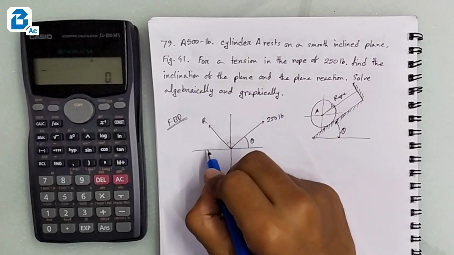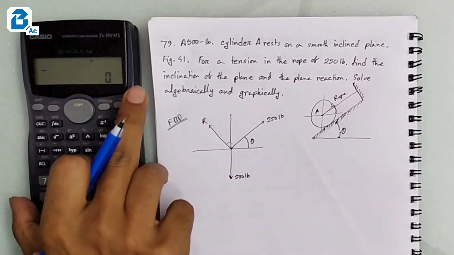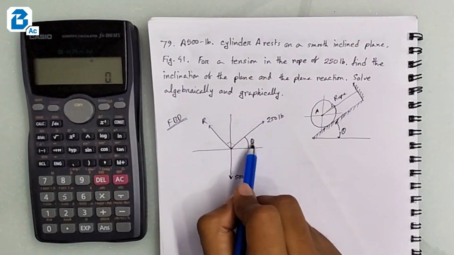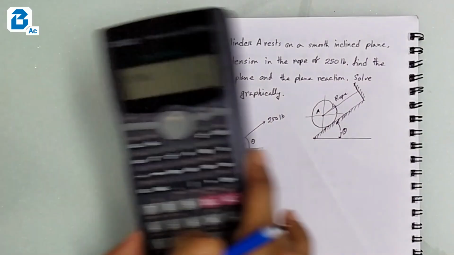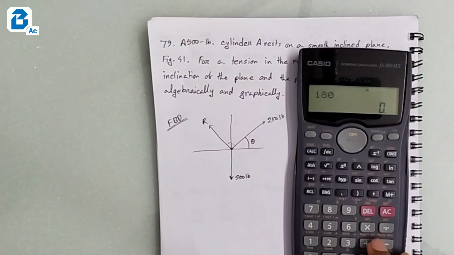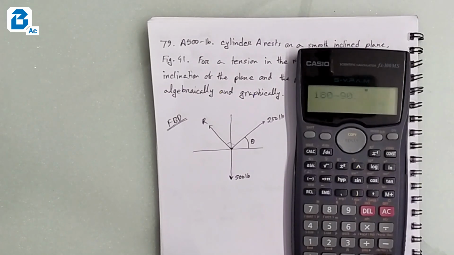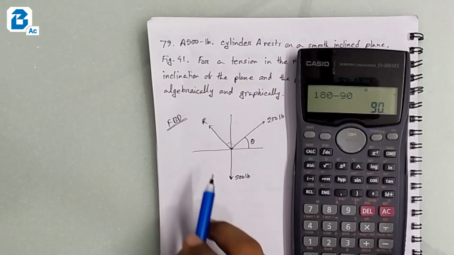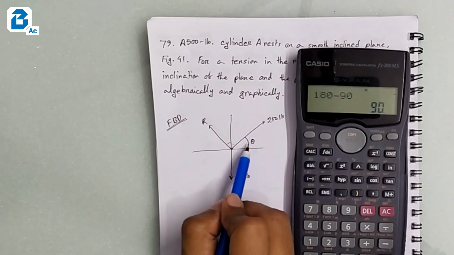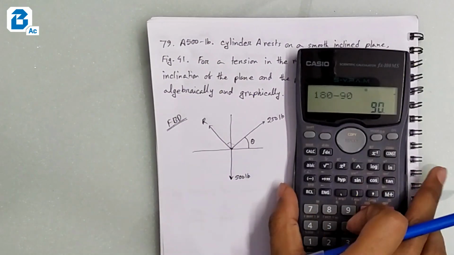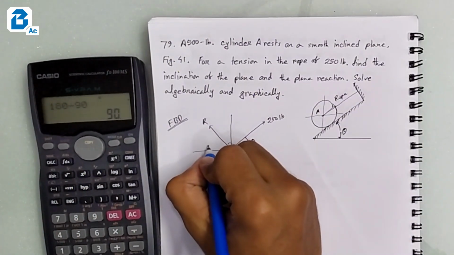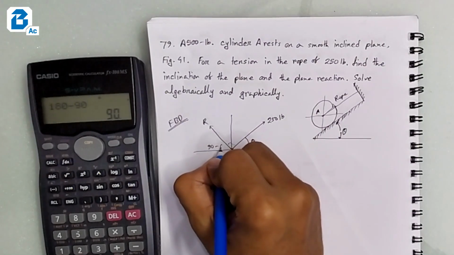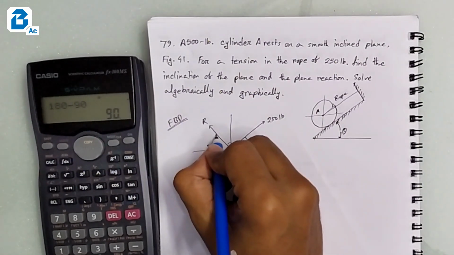Here we can see that the whole horizontal area is 180 degree. So if we remove the 90 degree, which we know, we will have 90 degree. So this portion and this portion equals 90 degree. So if we remove the theta, then we will get 90 minus theta. This is the angle.